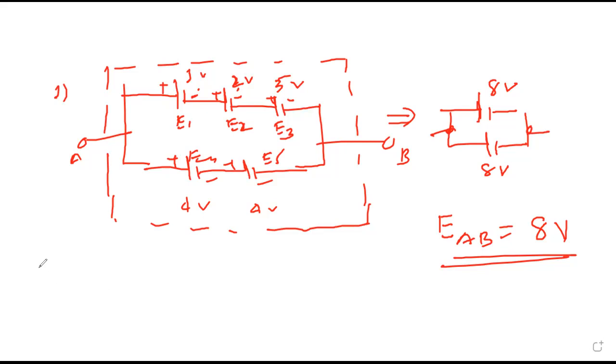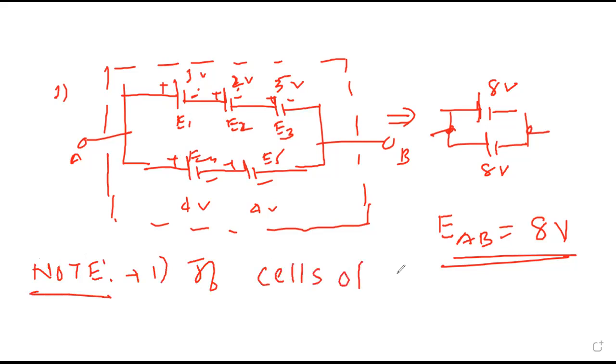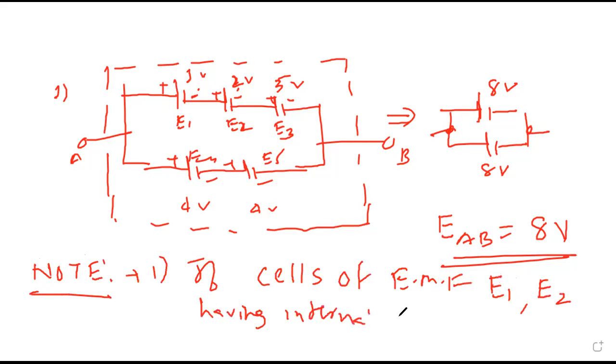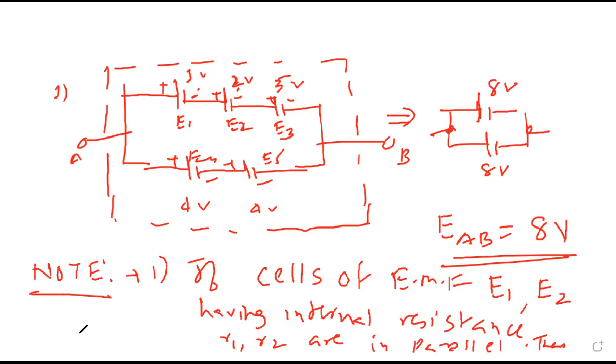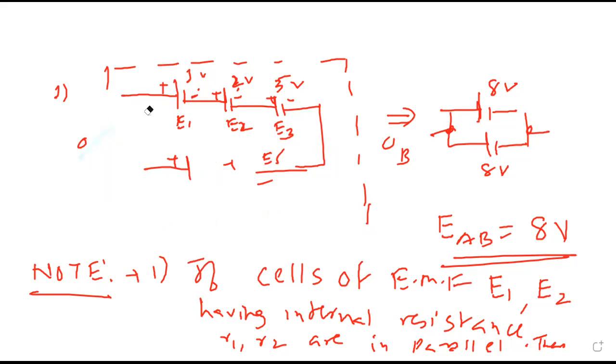Completed? If cells of EMF E1, E2 having internal resistances R1, R2 are in parallel, then the EMFs are not the same, we have written now they are different.